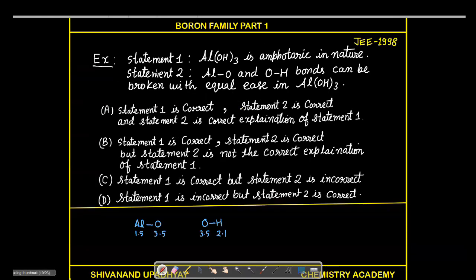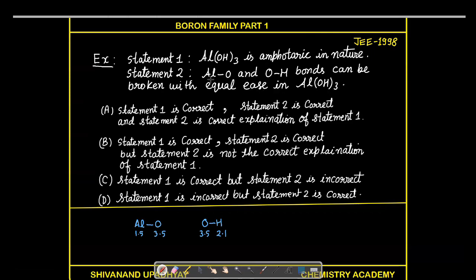Next question, again asked in JEE Advanced 1998, and it is also an assertion-reason type of question. Statement 1: aluminium hydroxide is amphoteric. Yes, aluminium as well as gallium hydroxide are both amphoteric in nature. The second statement: aluminium-oxygen and oxygen-hydrogen bonds can be broken with equal ease in aluminium hydroxide.